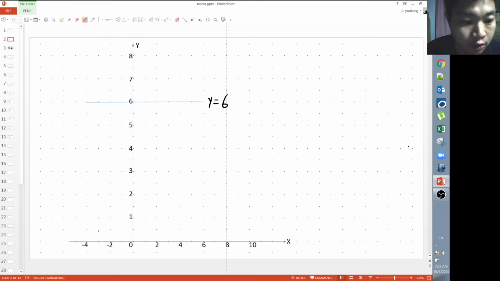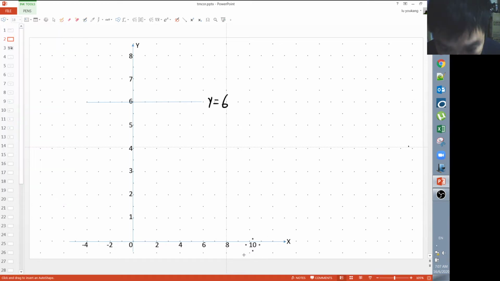Alright, so no matter what the value of x is, your y is always 6, right? So by the way, y is equal to 6 is a straight line that is horizontal, right? So now let me move on.